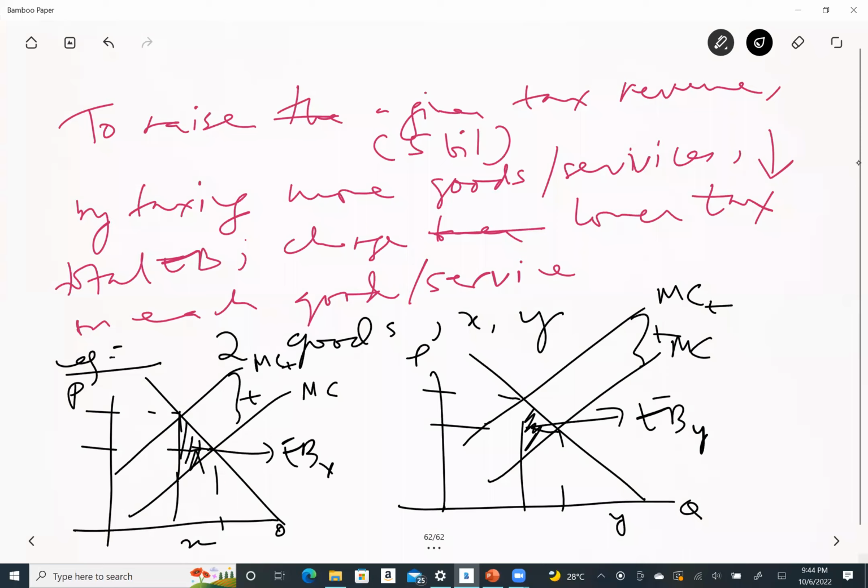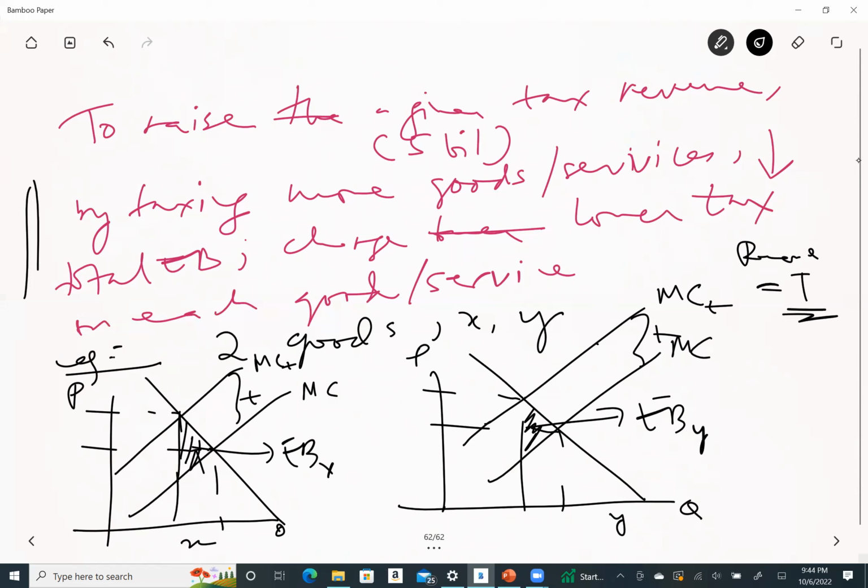So that is T. Now suppose this T and that T are about the same, and you raise a certain amount of revenue. Now, we want to argue that if you broaden the base, we can lower the tax, and by doing that, you lower the excess burden on each of the goods.